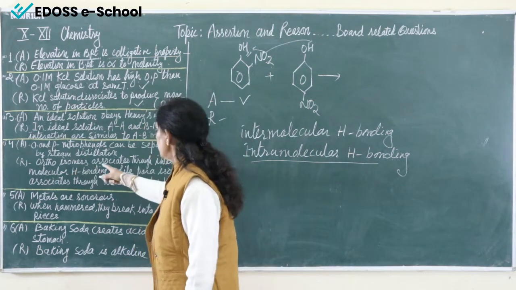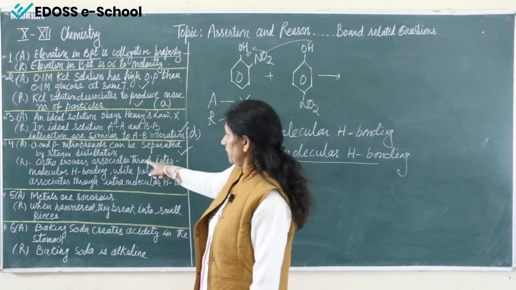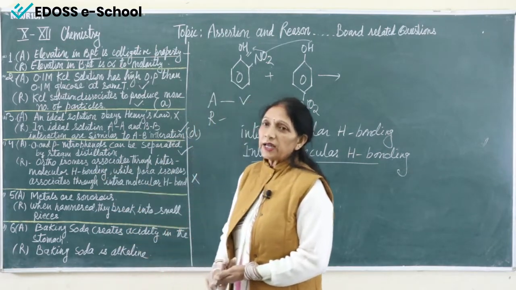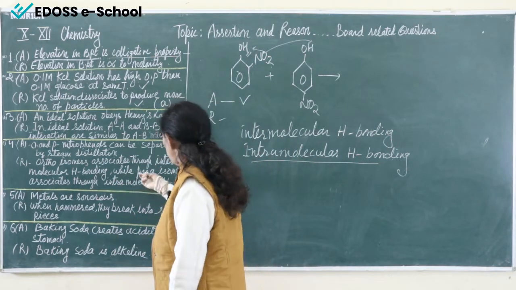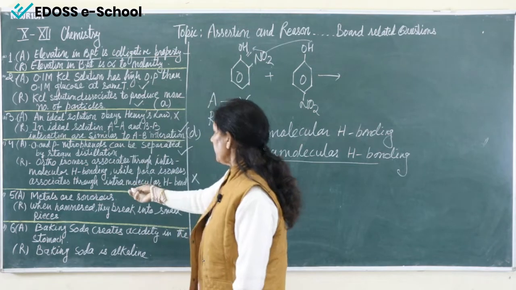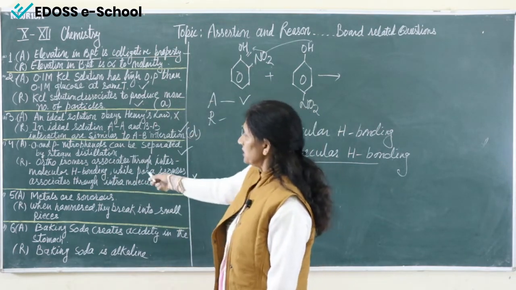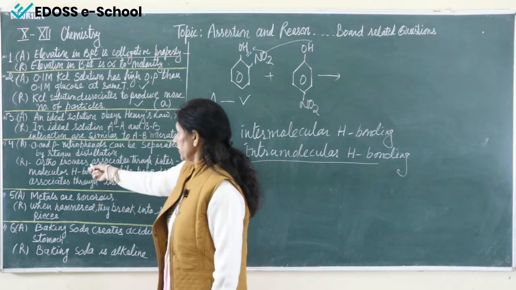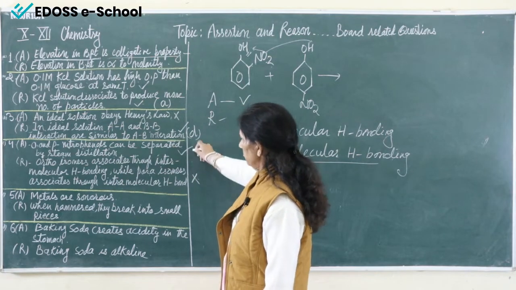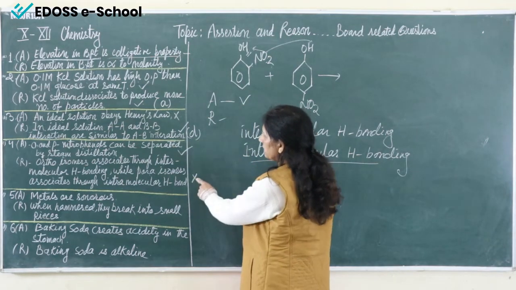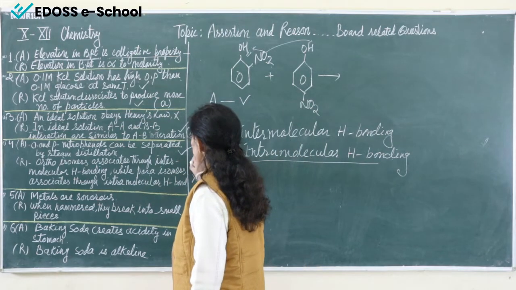Because ortho isomers are associated through intramolecular hydrogen bonding, which means they can have hydrogen bonding within itself, and para isomers can associate through intermolecular hydrogen bonding. So this is the difference between them. So we can say that this is incorrect. Now this is correct and this is incorrect. So we can opt for option C.